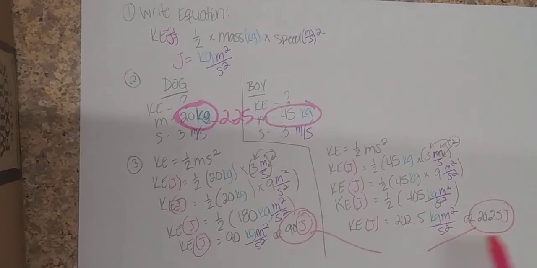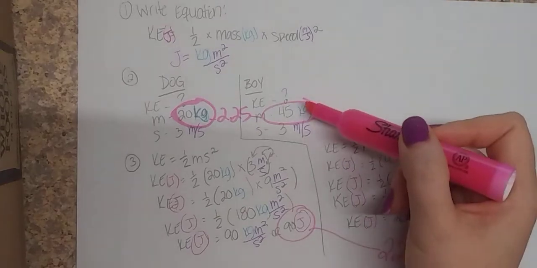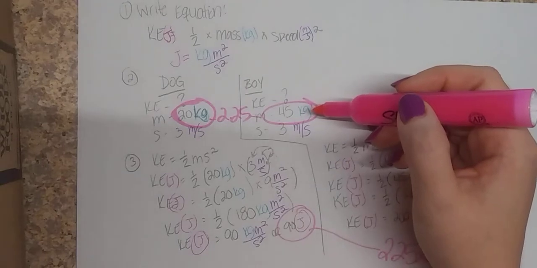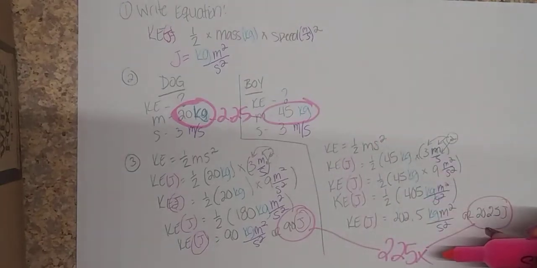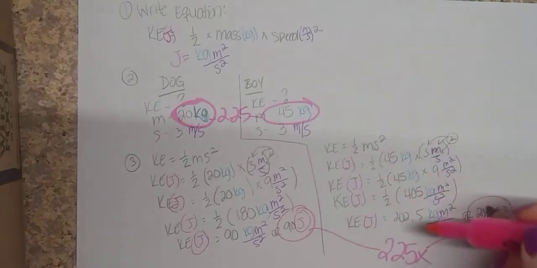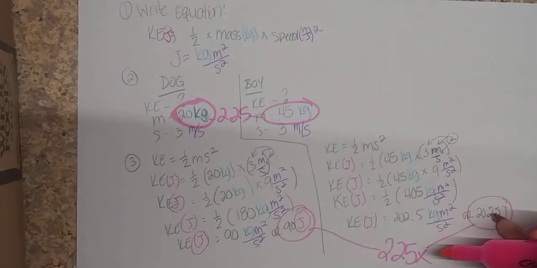If you take the difference between those two, it is also 2.25 times greater. So there's a relationship between the mass of the object and the energy of the object. As the mass goes up, the energy goes up at the same rate. So the mass was 2.25 times greater with the boy. The energy was 2.25 times greater with the boy.